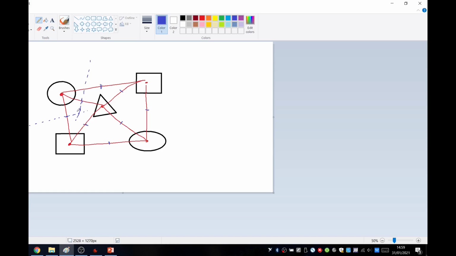Should be one there. I haven't drawn this very accurately, but you imagine the principle. And then what we get is, if you see where these intersecting lines are, we just highlight these a bit more.